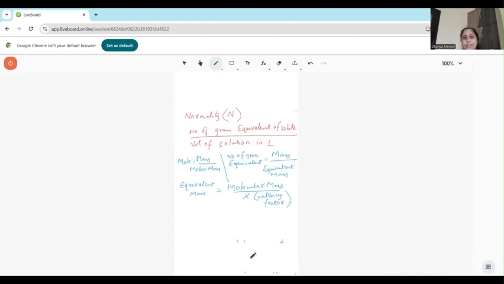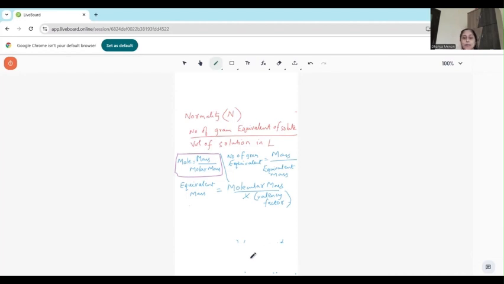So, students, first we understood what is normality. The formula for normality is number of gram equivalent of a solute by volume of the solution in liters. Now there is a new term, number of gram equivalent. What is this? For that, I took the help of the formula mole is equal to mass over molar mass.